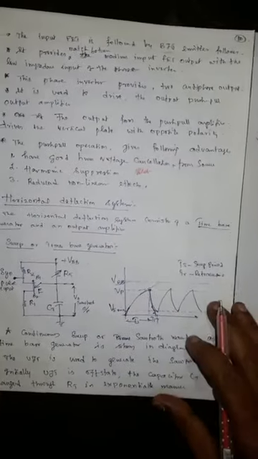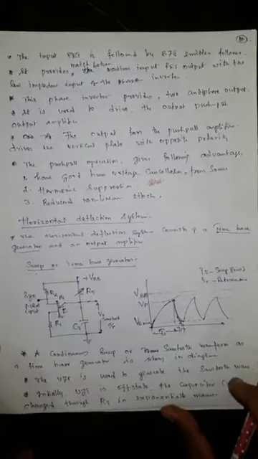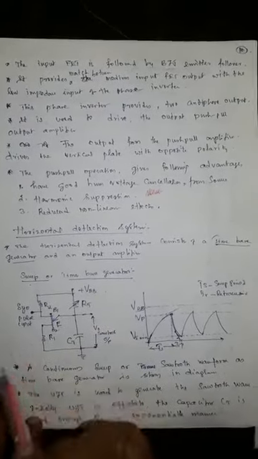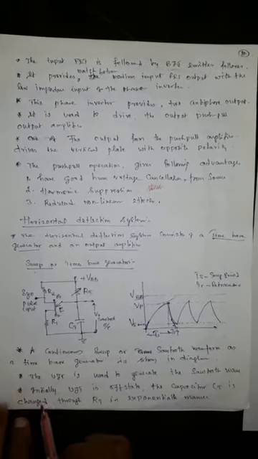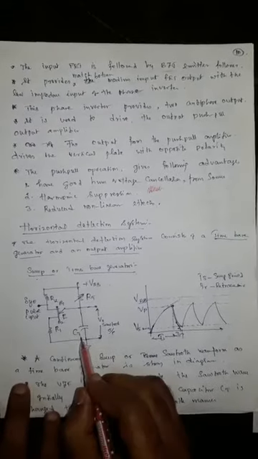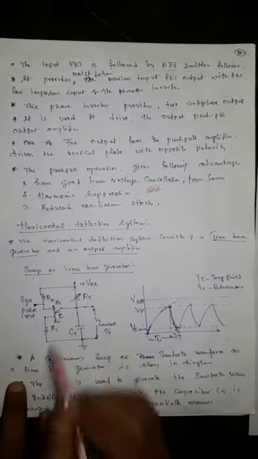Let's see how the horizontal wave will be generated in the horizontal deflection system. Let us see the circuit diagram of the sweep or time-base generator. This circuit consists of RT, the timing resistor, CT, the timing capacitor, and a UJT.